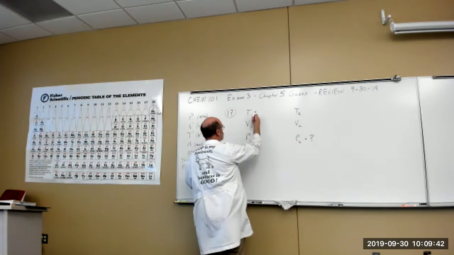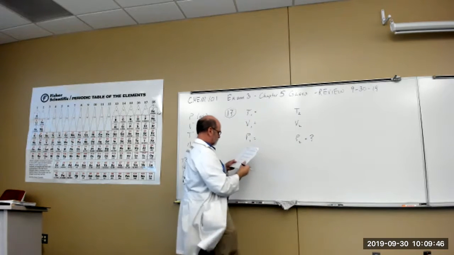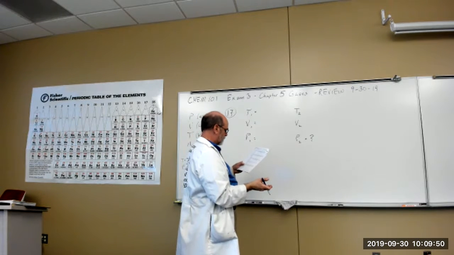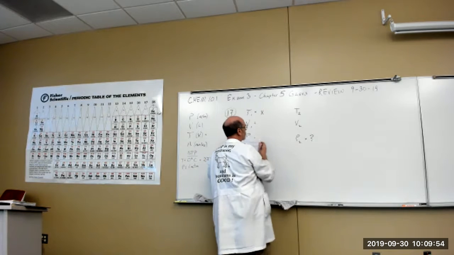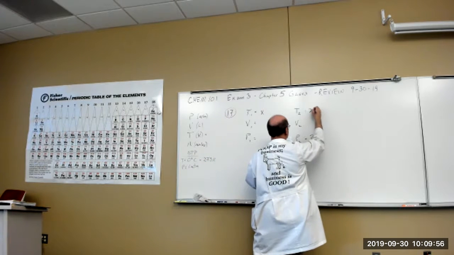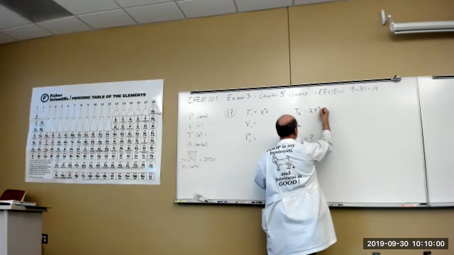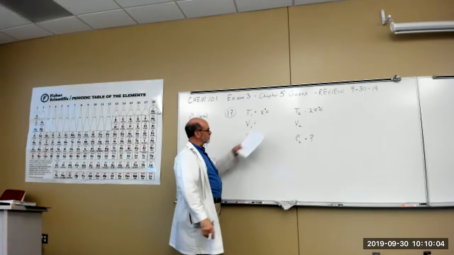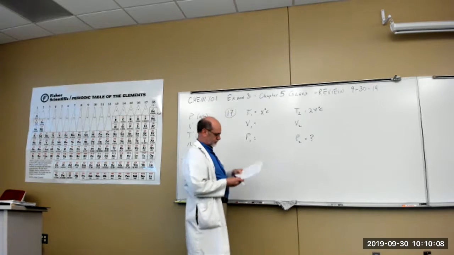So what do we have for these? Well, let's see. It doesn't actually tell us what the temperatures are. It just says we go from this one to this one in degrees Celsius. Okay, the temperature doubles. So if we start at that one, the new temperature is double the Celsius temperature.